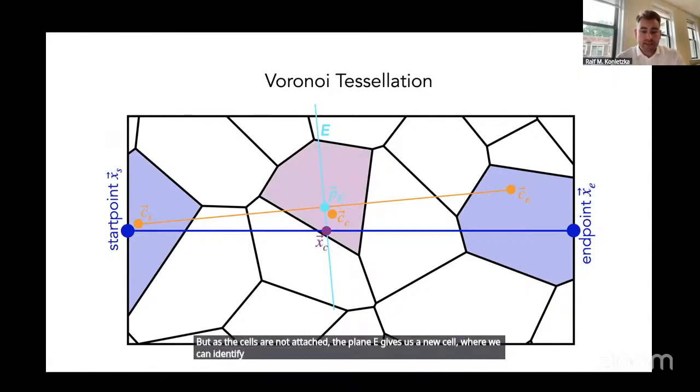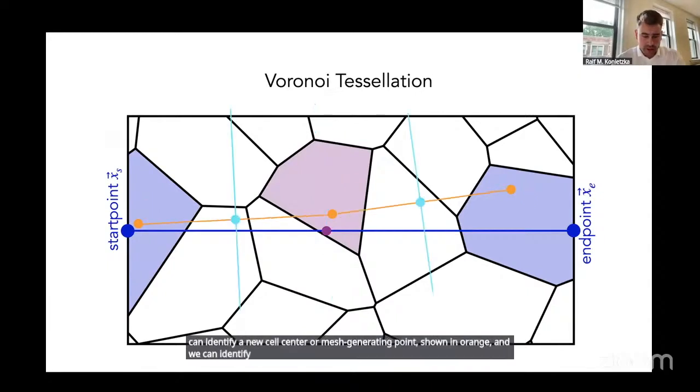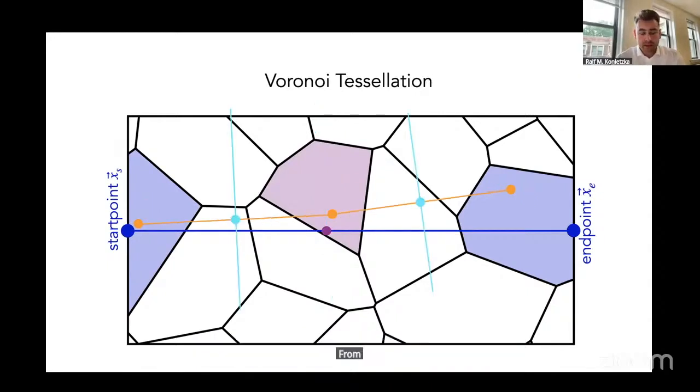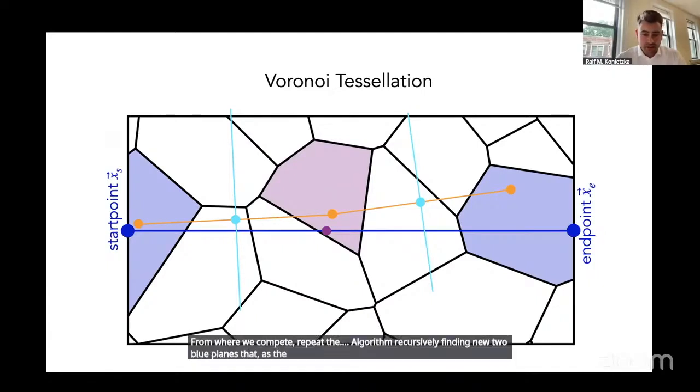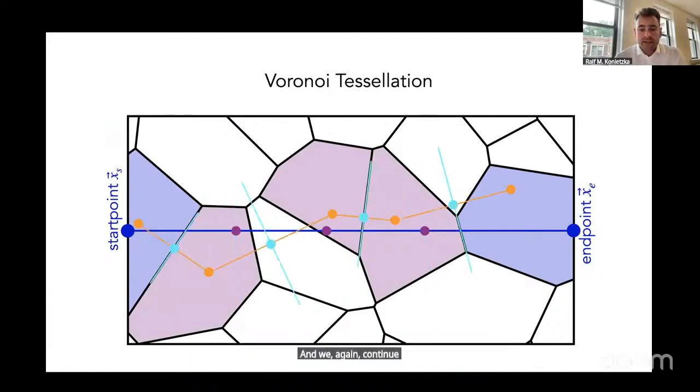a new cell center or mesh generating point, shown in orange, and we can identify two new orange lines from where we repeat the algorithm recursively, finding two new blue planes that, as the cells are still not attached, give us two new cells, and we again continue. Now we are in the scenario where two cells are attached, here, for example, on the right.